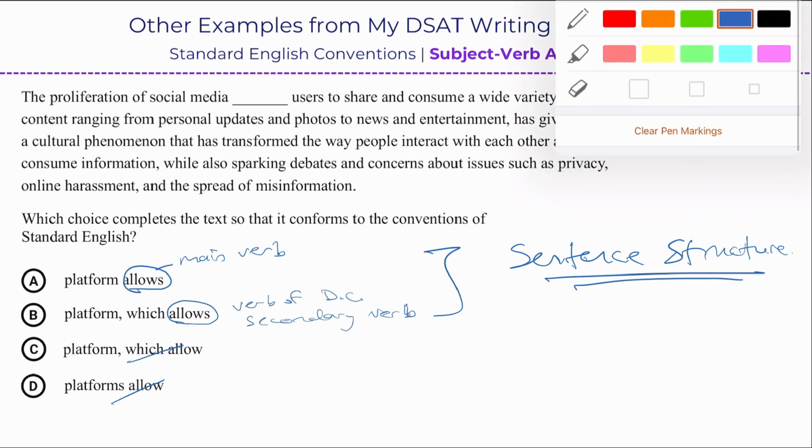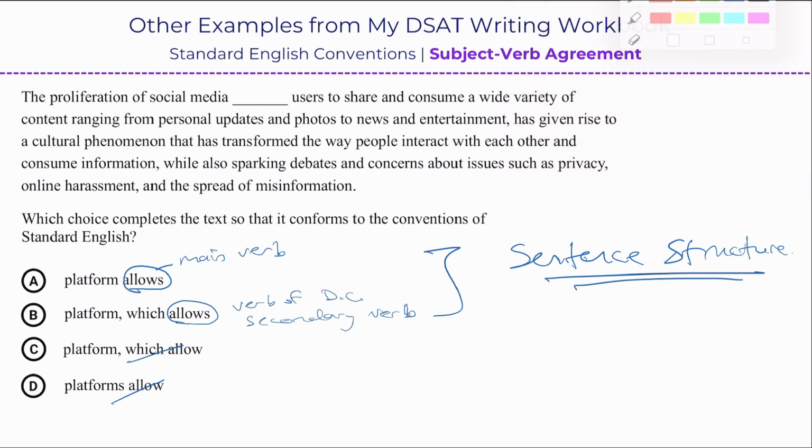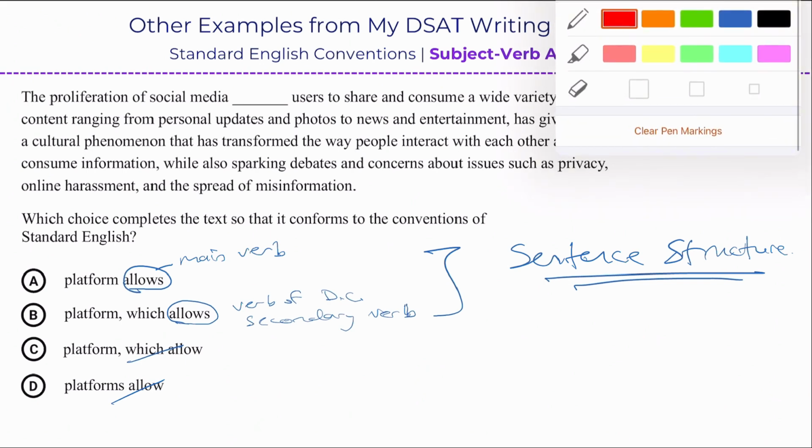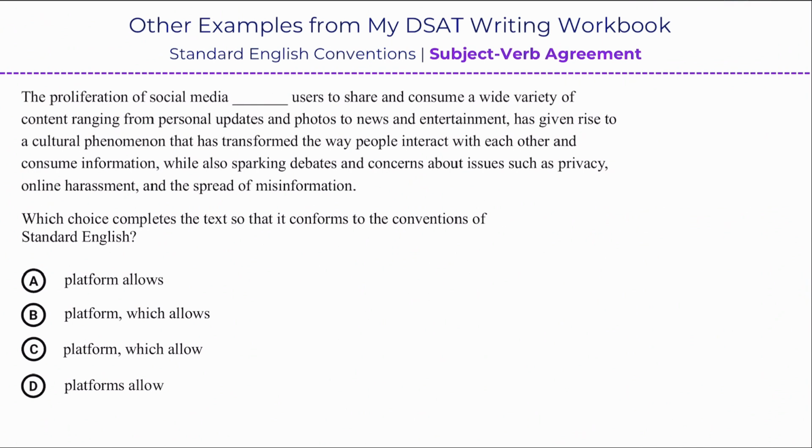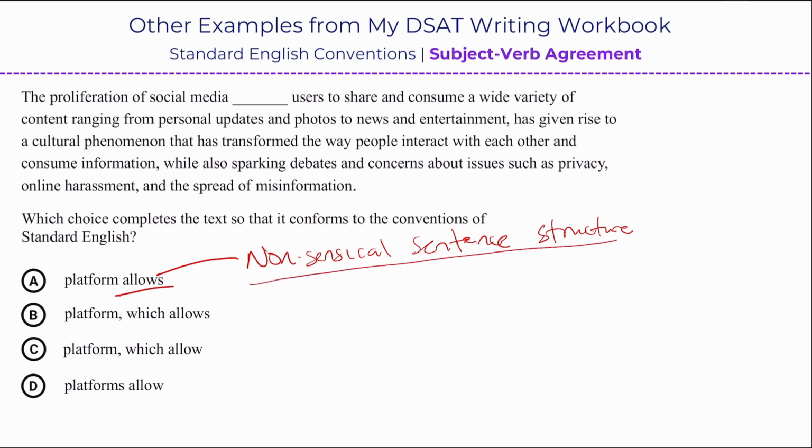So the reason why answer choice A is going to be wrong, you guys, is that it creates a sentence structure error, right? I just call this a nonsensical sentence structure. Okay, and I'll show you guys what I mean. There are different types of sentence structures that are nonsensical. And this specific type is when you have what's called two main verbs that are not properly formed, right?